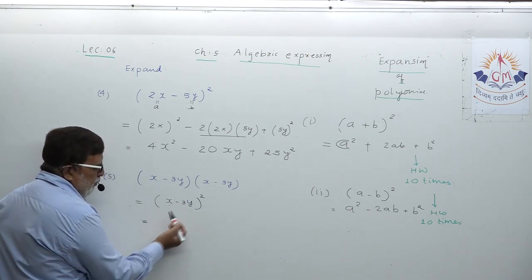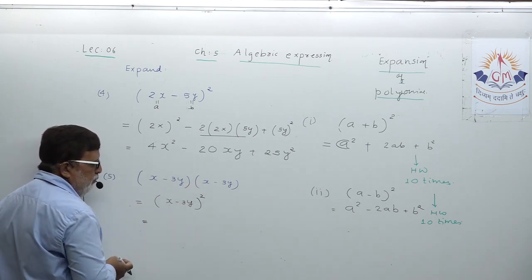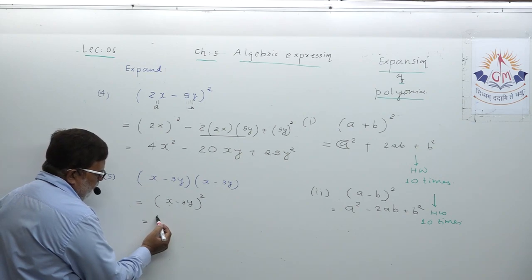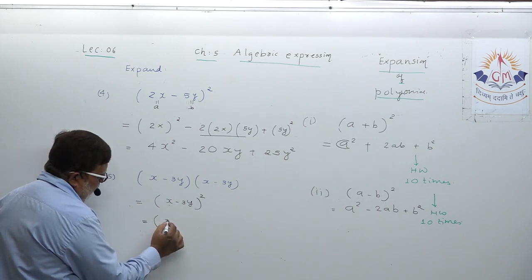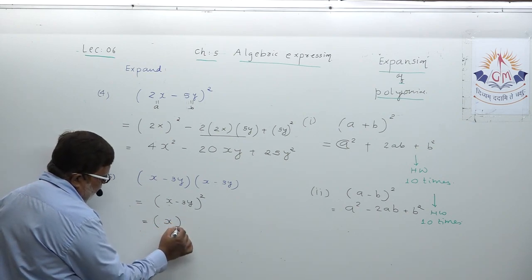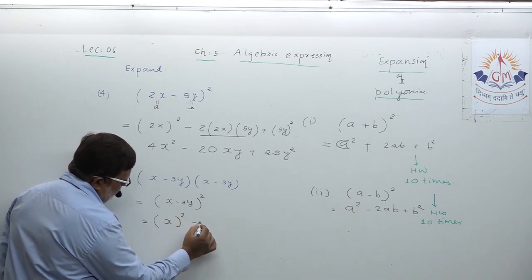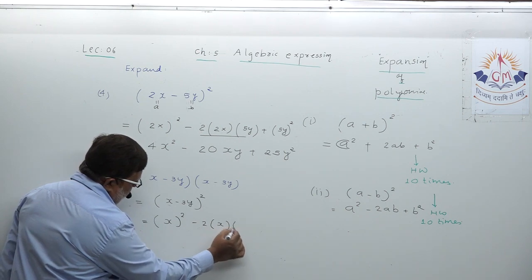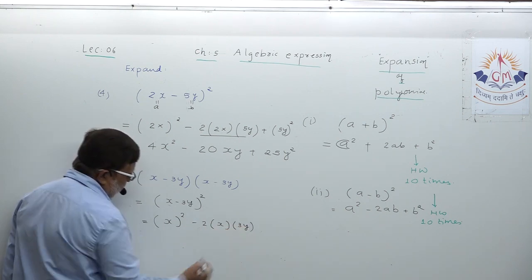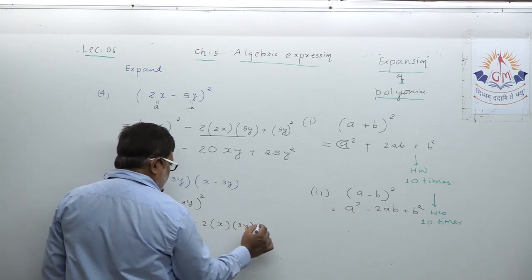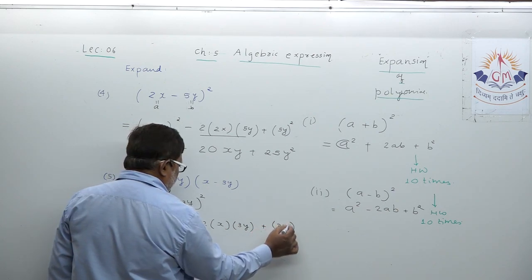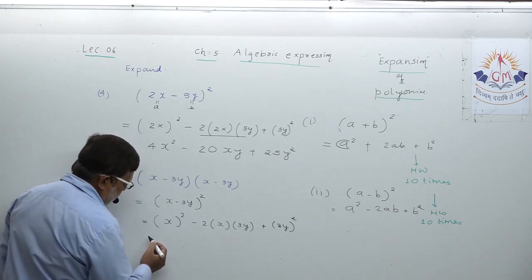Now this is a, this is b, as per a square minus 2ab plus b square. In place of a, x, minus 2 into a into b, that means x into 3y, plus b square, that is 3y whole square.